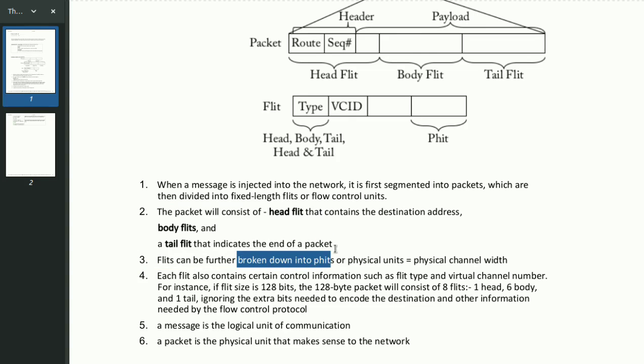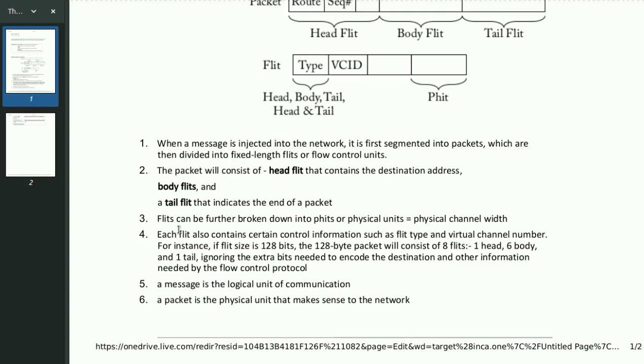Then flits can be further broken into fits. As I said, fits are physical units and they correspond to physical channel width. Then each flit also contains certain control information which we neglect. Control information examples are the flit type or the virtual channel number.